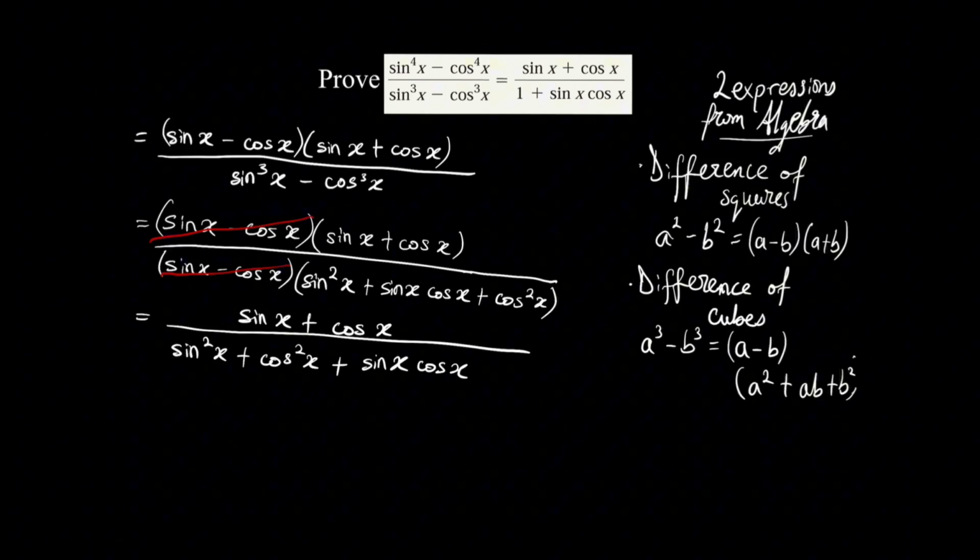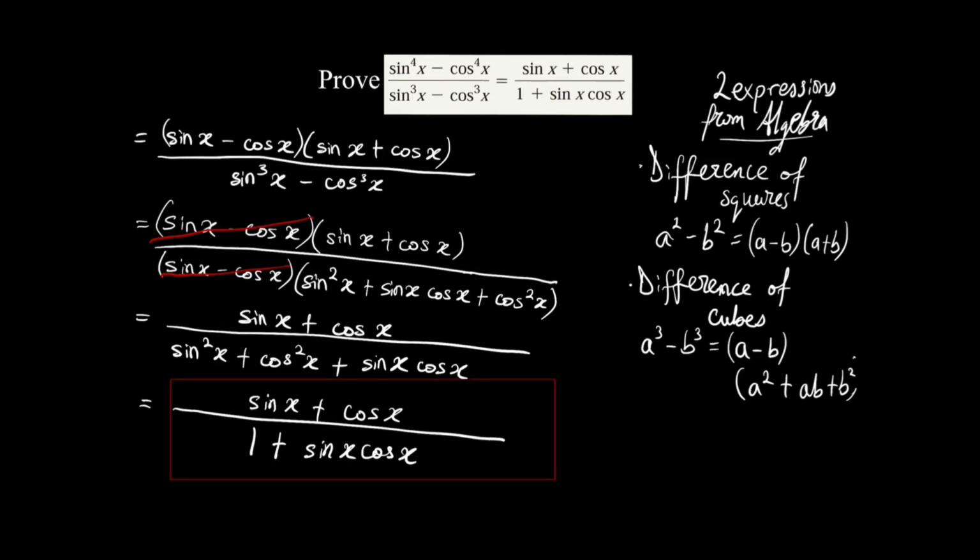Now from our Pythagorean identities, this here is equal to 1. And as such, we can now say that in the numerator we have sine x plus cosine x divided by 1 plus sine x cosine x. That is our final proof.